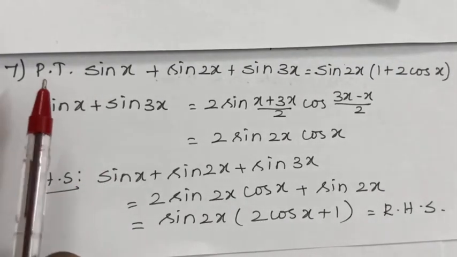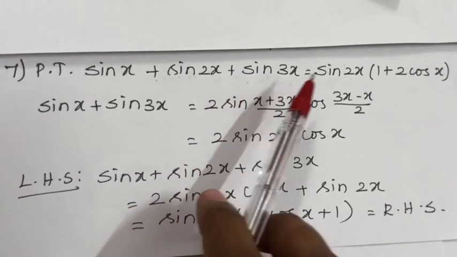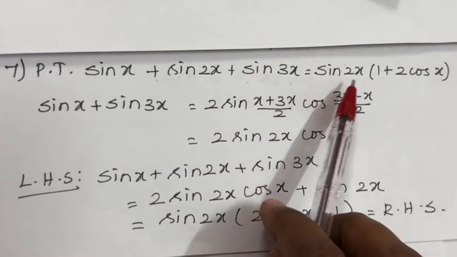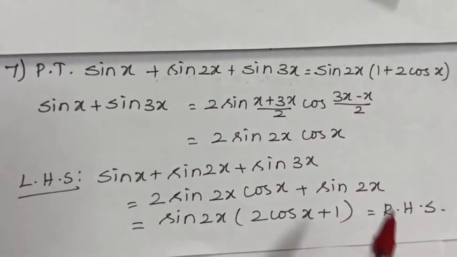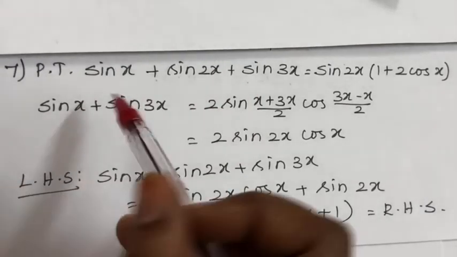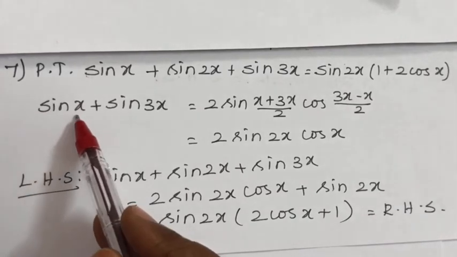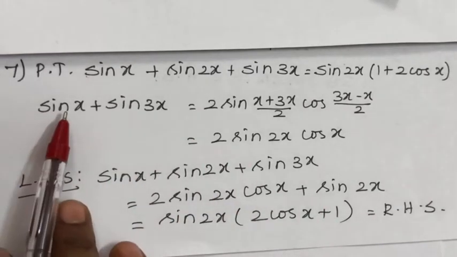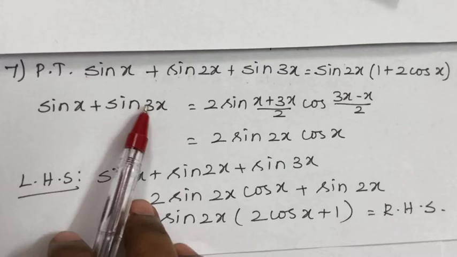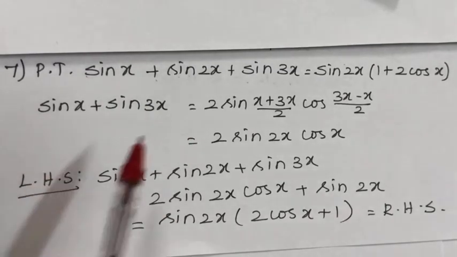Seventh problem. Prove that sin x plus sin 2x plus sin 3x is equal to sin 2x into (1 plus 2 cos x). So first I take sin x plus sin 3x, these two terms, sin x, sin 3x. That is sin a plus sin b, or sin c plus sin d. In our book it is given as sin c plus sin d.